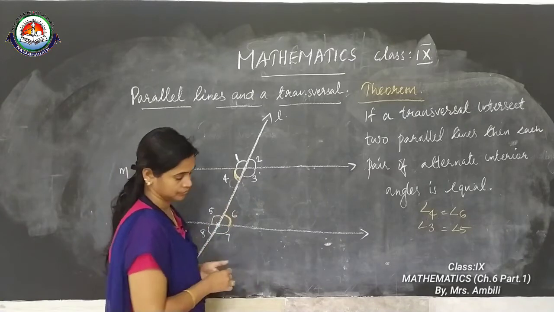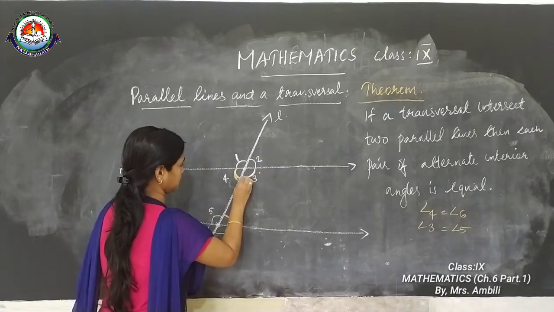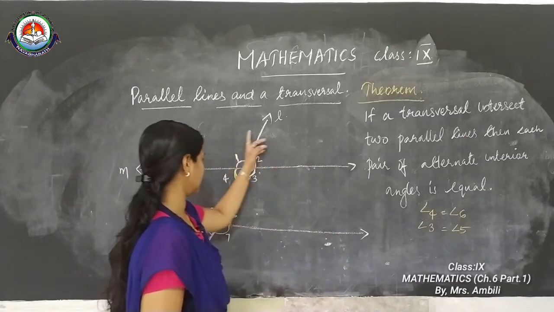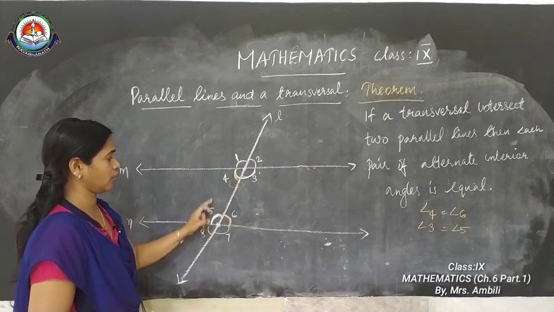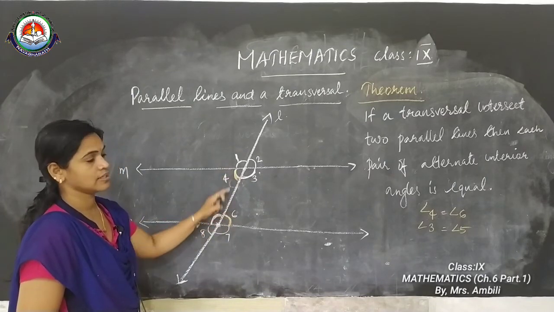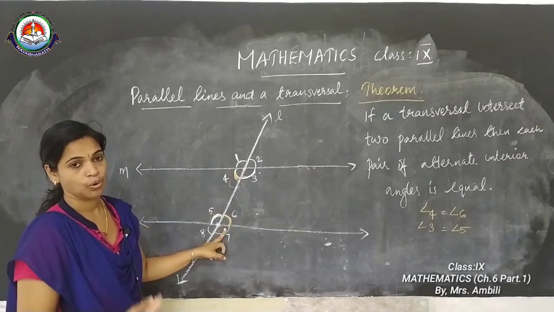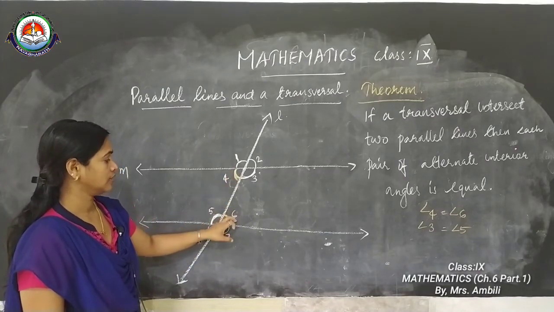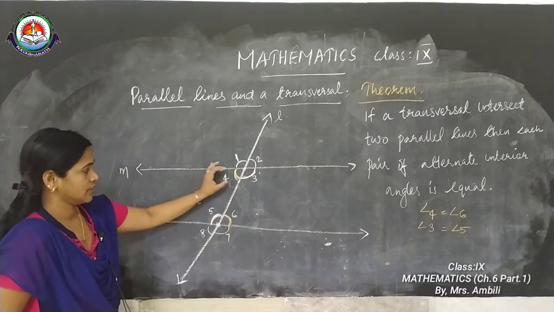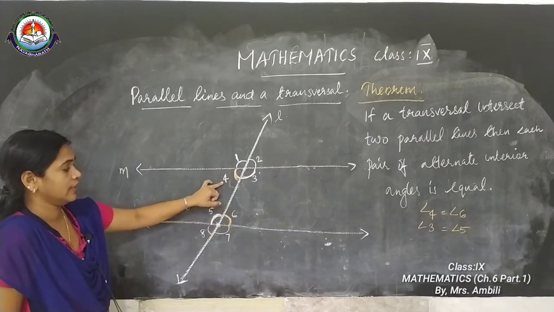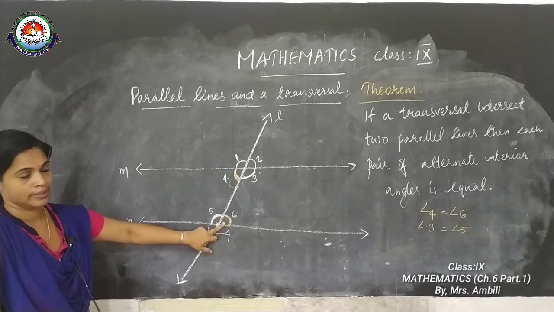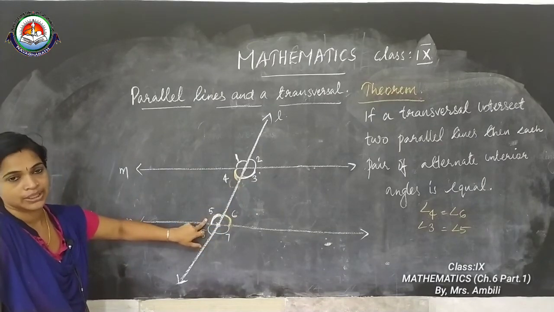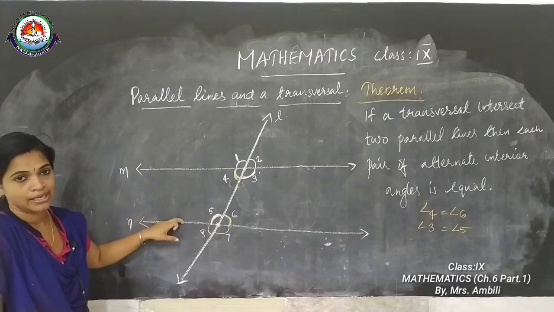So, if a transversal intersects two parallel lines, then each pair of alternate interior angles is also equal. We said each pair of corresponding angles is equal, and now each pair of alternate interior angles is also equal. If angle 4 is 30 degree, angle 6 is also 30 degree. If angle 3 is 120 degree, angle 5 is also 120 degree. Okay, if they are parallel lines.